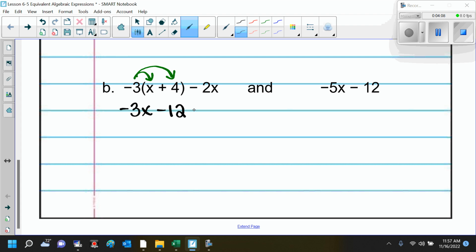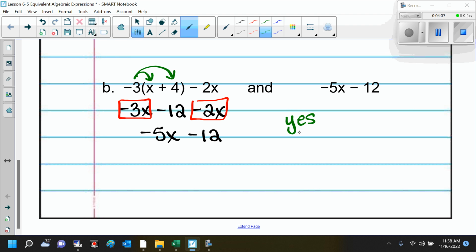Very good. And then minus 2x. So now we can identify our like terms. So we've got a negative 3x. We've got a negative 2x. So what's negative 3x plus a negative 2x? Negative 5x. And then we bring down minus 12. So now we compare. Are they equivalent? Yes, so yes, equivalent. Very good.